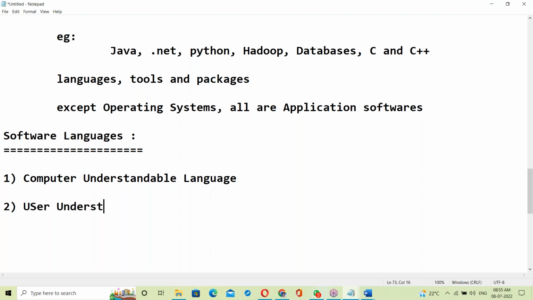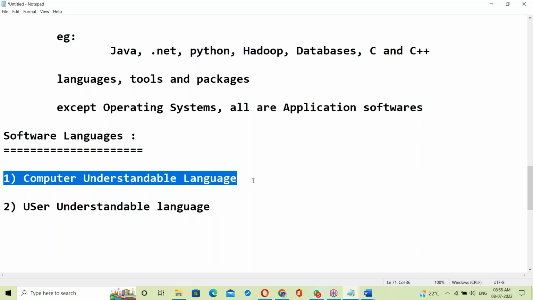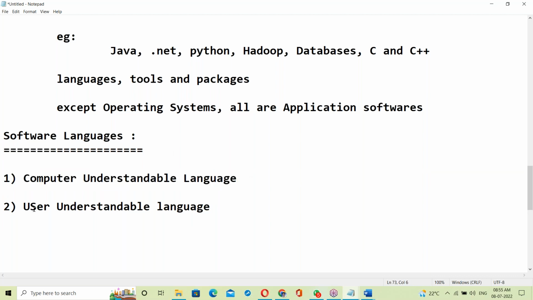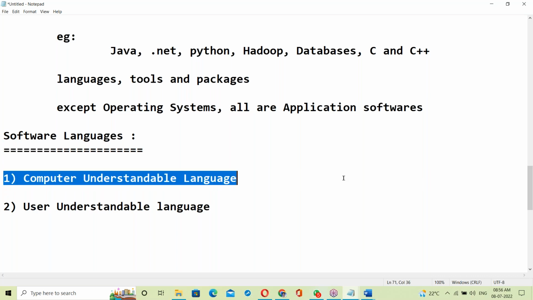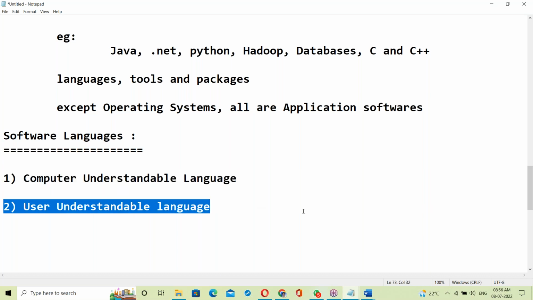So software languages: first one, computer understandable language; next one, user understandable language.